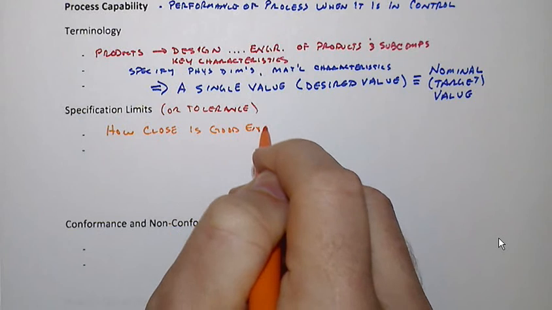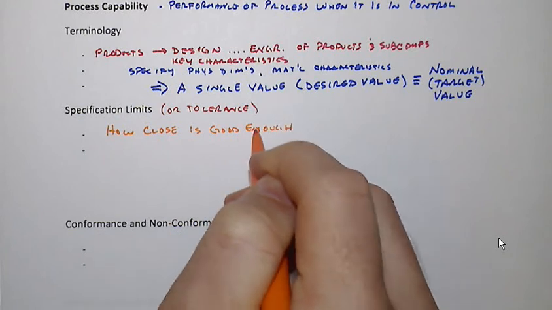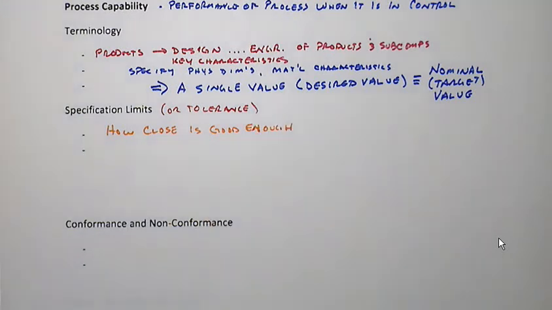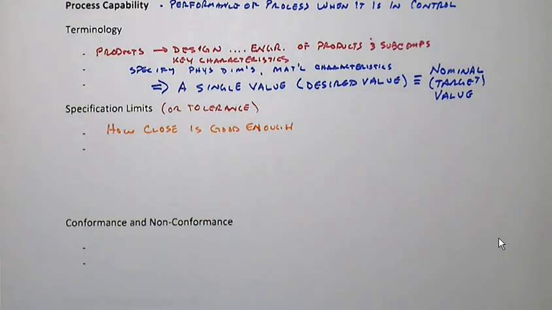If I want a part that's exactly 3 centimeters long, well, good luck with that. To get a process that's going to give you exactly 3 centimeters each and every time is not particularly realistic. There's going to be some natural variation as tools wear and other things happen in the process. So how close is good enough to maintain the functionality that we need to have?